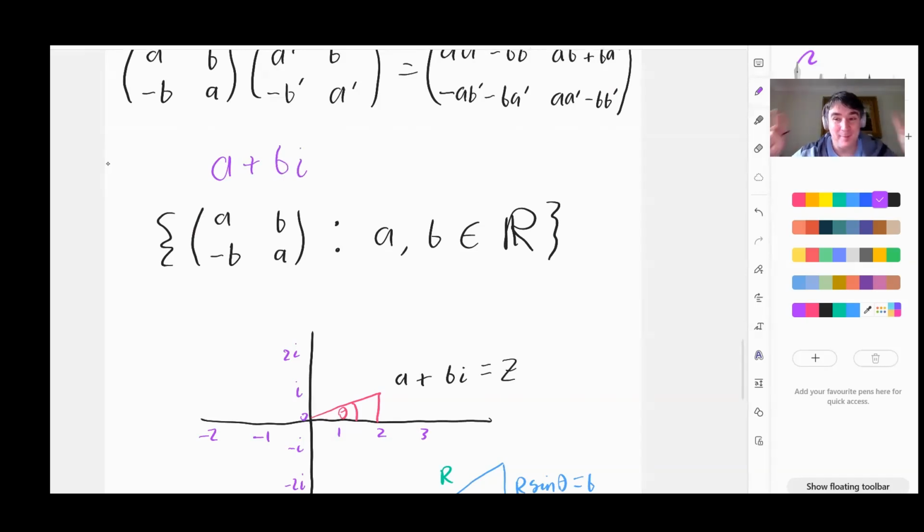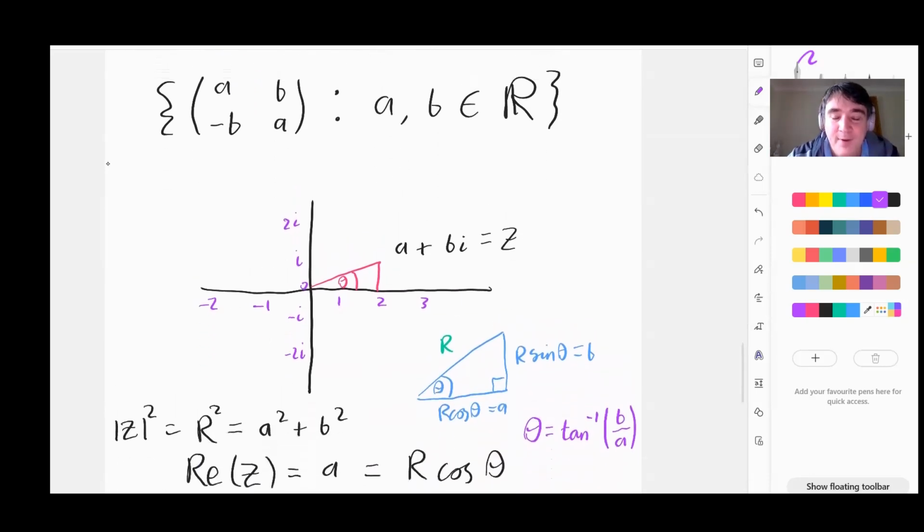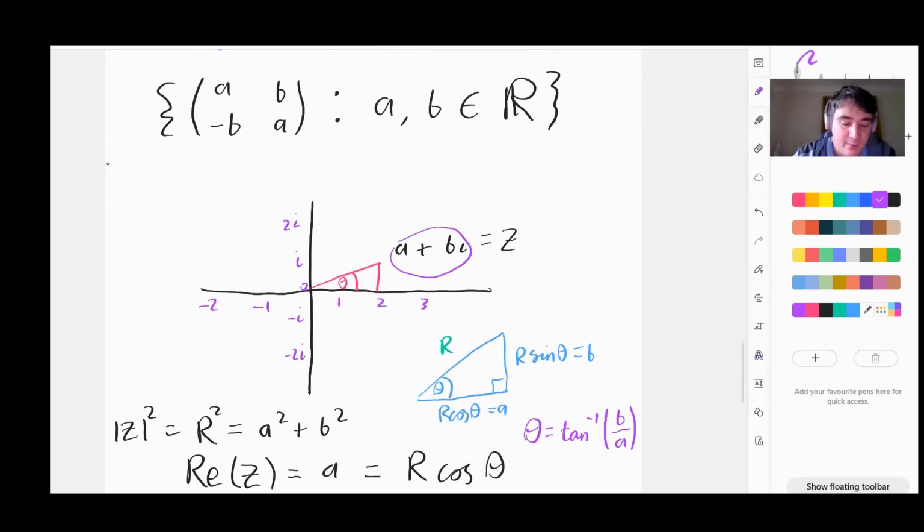So let me just take a little bit of a tangent into how complex numbers are related to trigonometry and angles, because there are some really remarkable connections here, and they have to do with thinking about ideas like circular rotation in terms of these matrices. So in particular, let's think about a complex number, something that we could write as A plus BI, or, in the notation that I've been advocating, A times identity matrix plus B times little I.